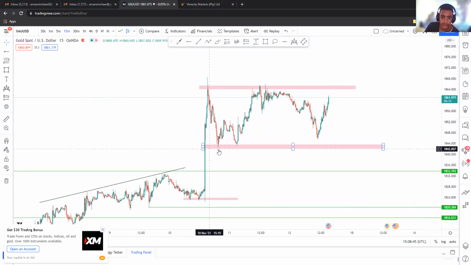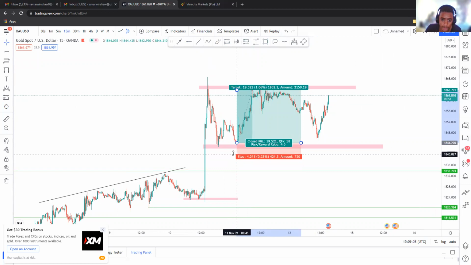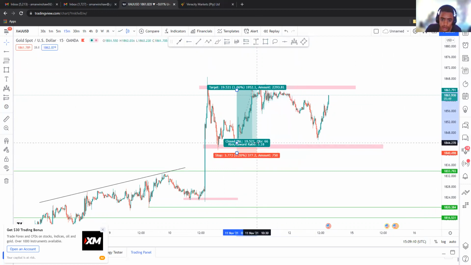Over here, before this whole move happened, I'm always waiting for the market to come back to previous price levels. And over here, as you can see, the market gave us a double bottom and gave us a nice doji indicating a move to the upside. My stop loss is just below the previous low, and take profit got smashed.